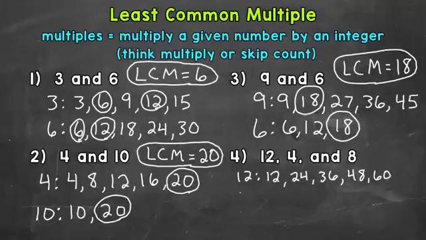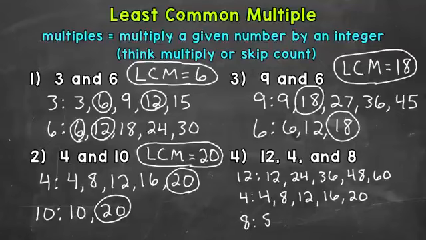Let's do 4 now. So 4, 8, 12, 16, and 20. And lastly, 8. So 8, 16, 24, 32, and 40.